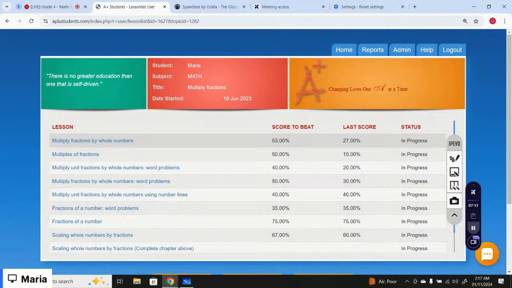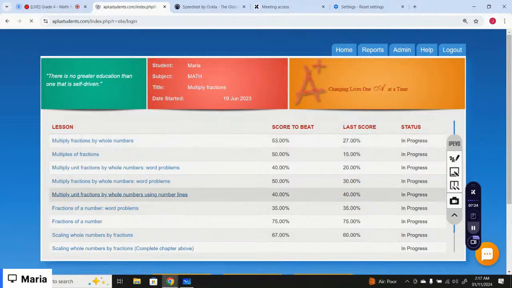So here I'm on grade 4 math. The chapter we are on right now is multiply fractions. Let's just start with the lesson that is multiply fractions, multiply unit fractions by whole numbers using number lines.